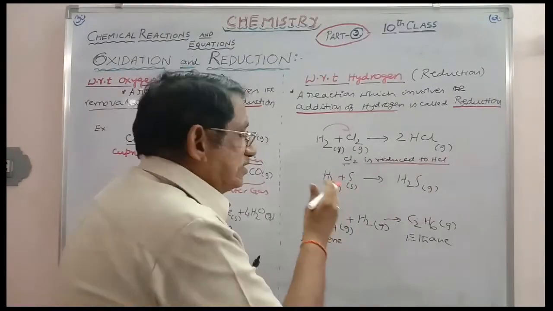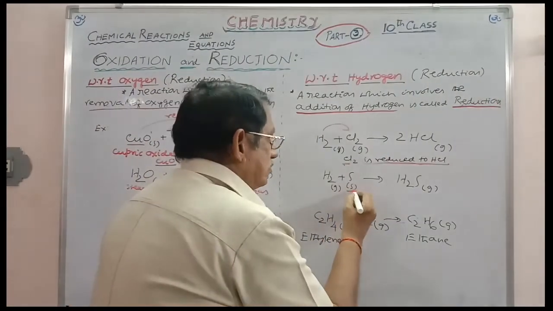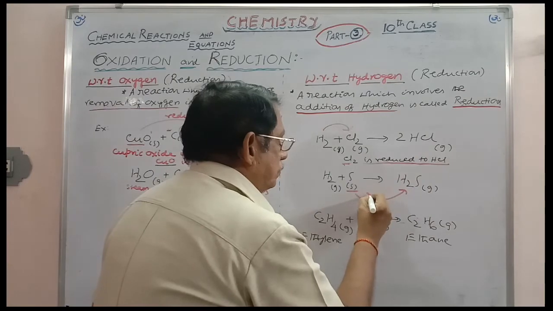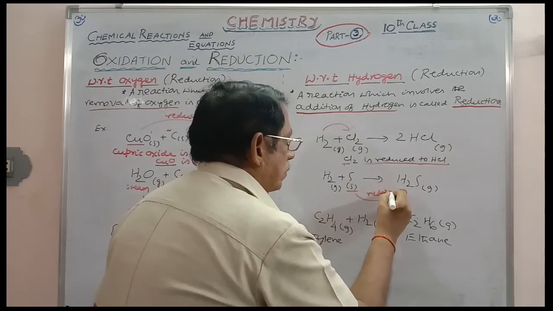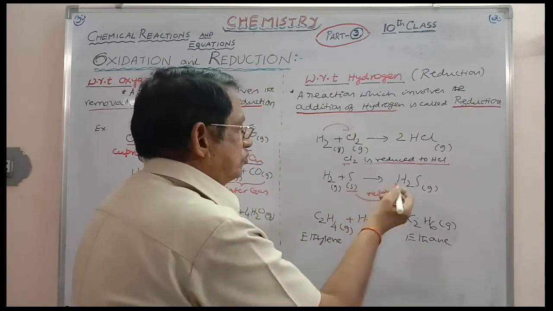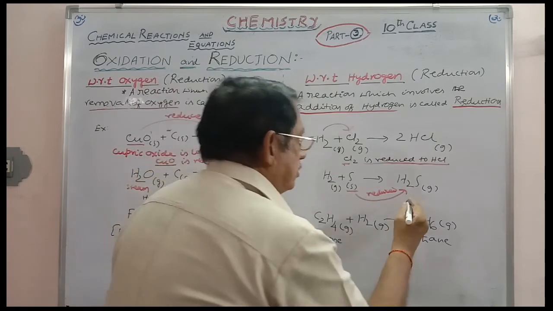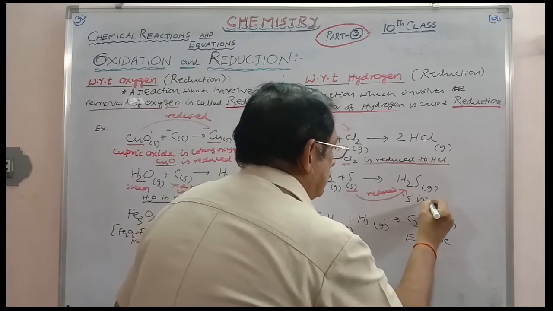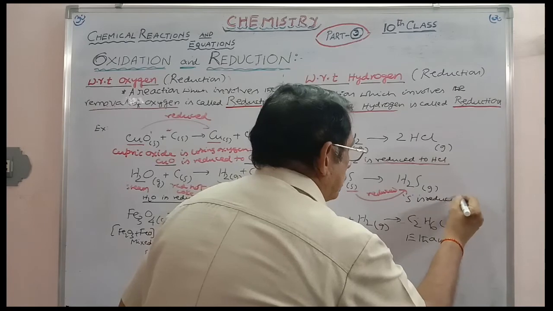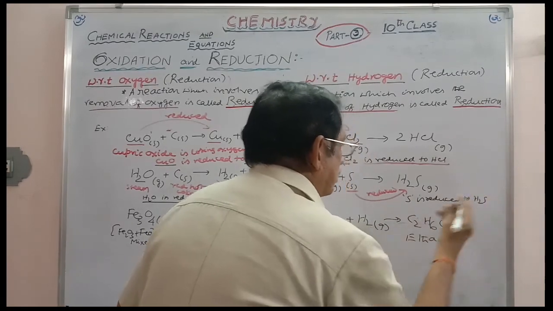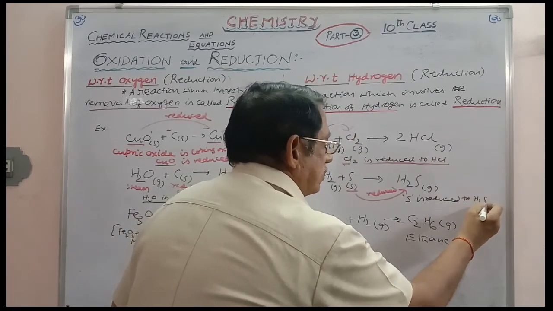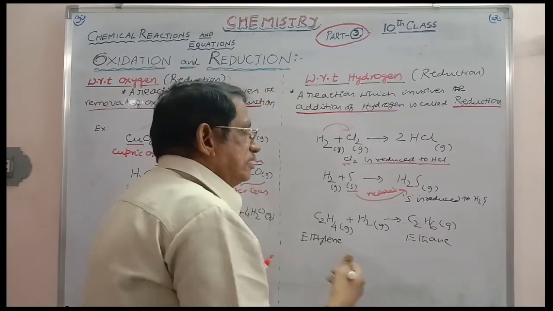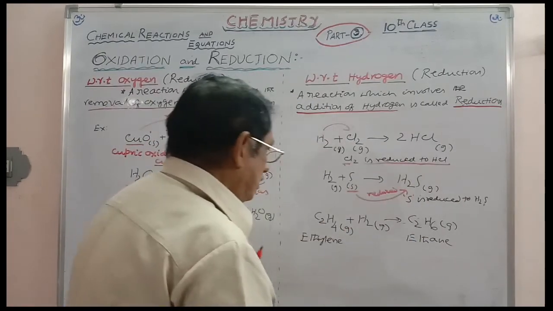Similarly, when sulfur is heated with hydrogen, it is reduced to H2S. So here S is reduced to hydrogen sulfide because it is accepting hydrogen. Addition of hydrogen is taking place here. Similarly, it is an organic compound.